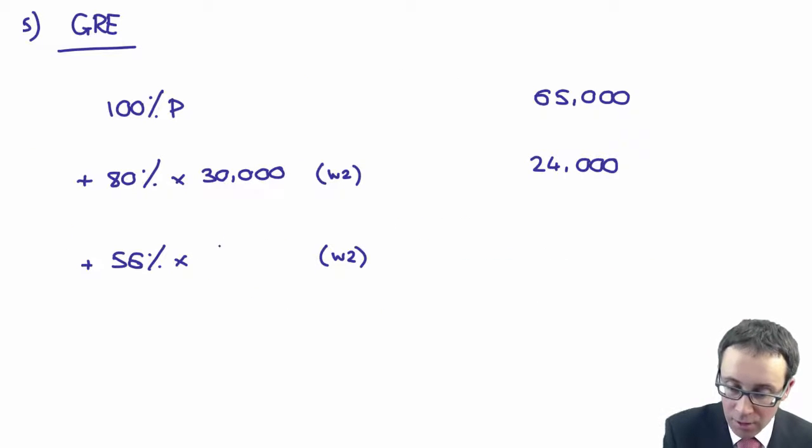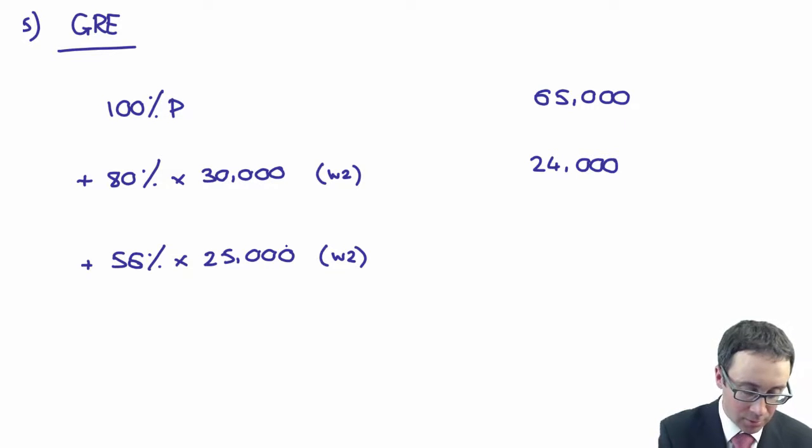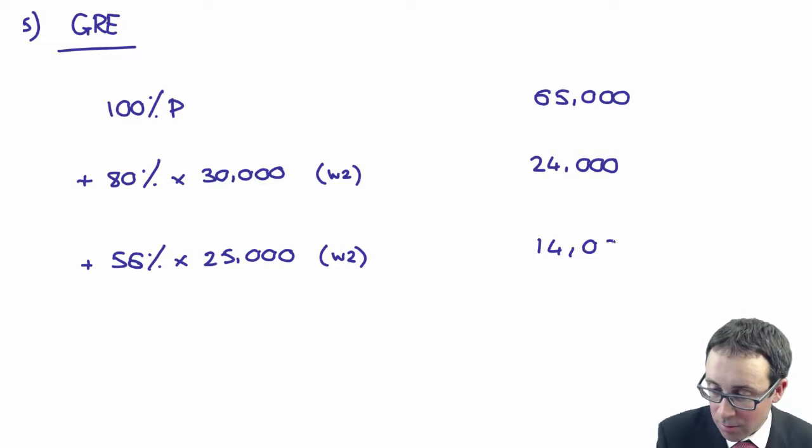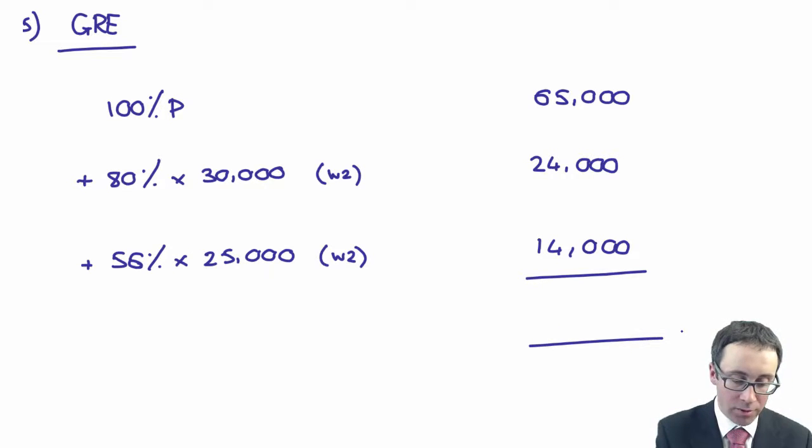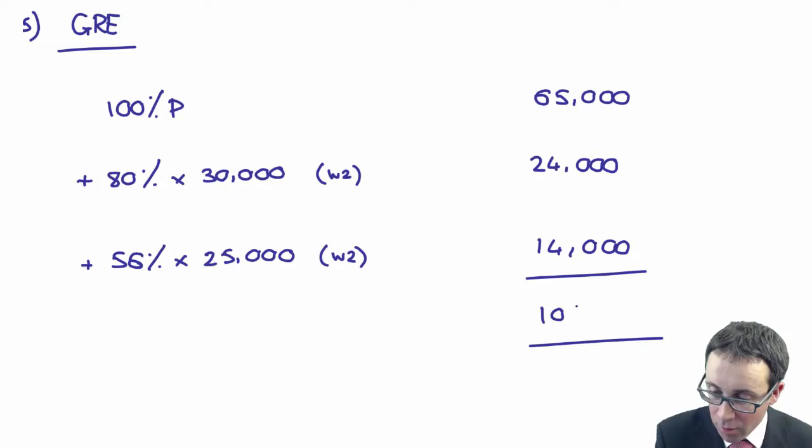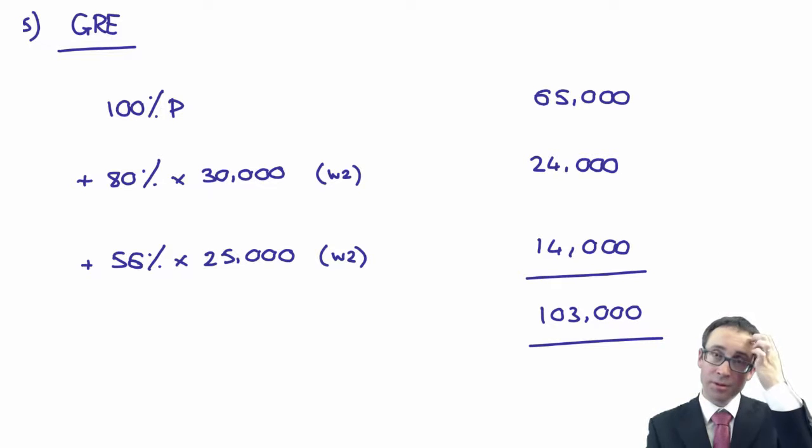So 56% of our 25,000. Does that give me 14,000? Adding that up, 65 plus 24 plus 14, does that give me 103,000? Okay, so we've done all the workings.